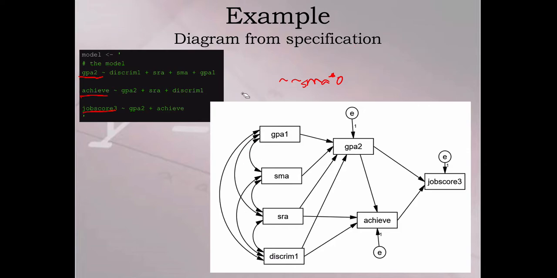But since the R code didn't have any of those specifications, the default in R is to draw absolutely every one of the two-way arrows between every exogenous variable. And remember, a variable is exogenous if it is never being predicted by other variables in the model. Any questions about that?